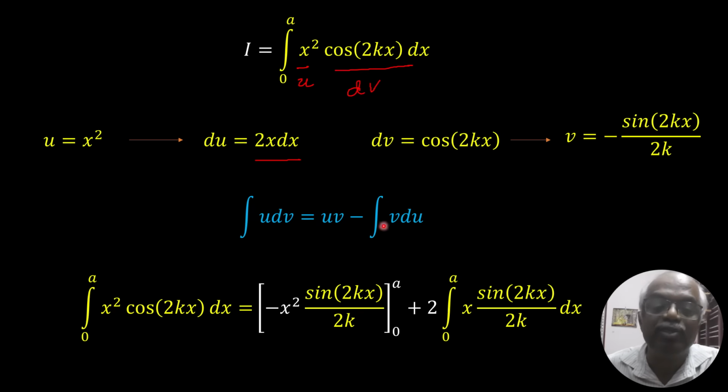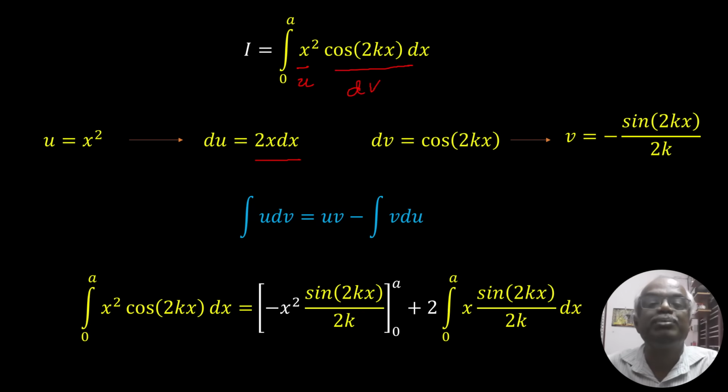For v du, v is sine 2kx over 2k, so we get plus, then du I am replacing by 2x dx, and sine 2kx over 2k. We are integrating with respect to x.